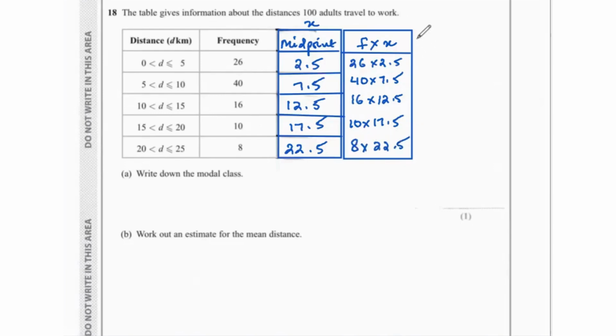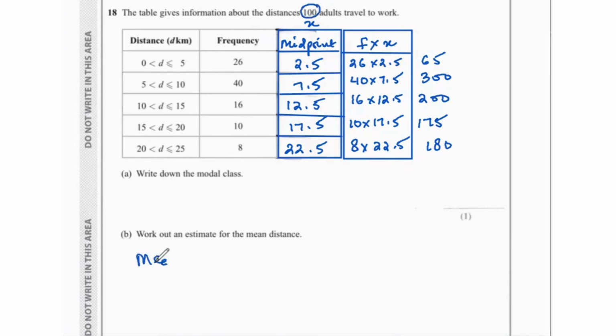So for the first one, it's going to be 65, then it's 300, then it's 200, 175, and 180. So once we have our f times x value, we will add them up and divide it by the total frequency, which is 100.